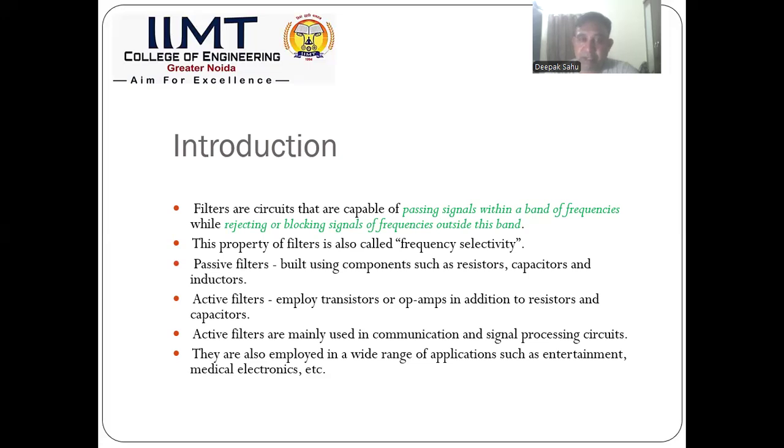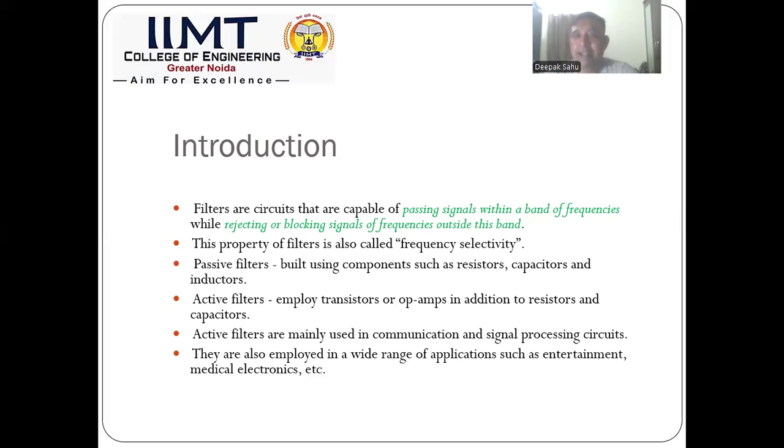In the particular case of audio and video transmissions, as signals are within a very small range of amplitudes or magnitudes, attenuation of signals occurred while having a frequency selection. So that was mainly a drawback of passive filters.